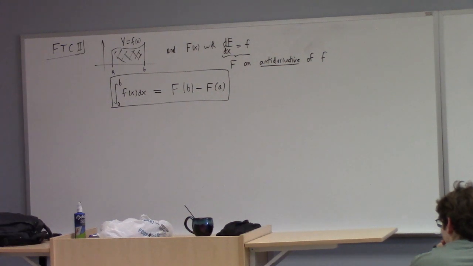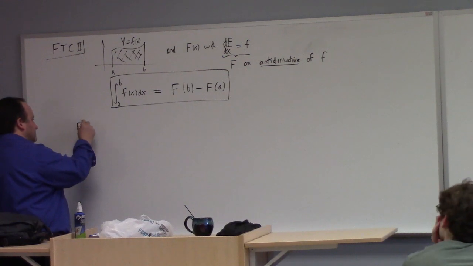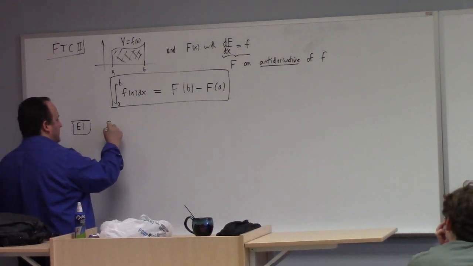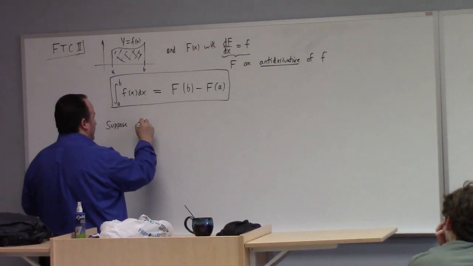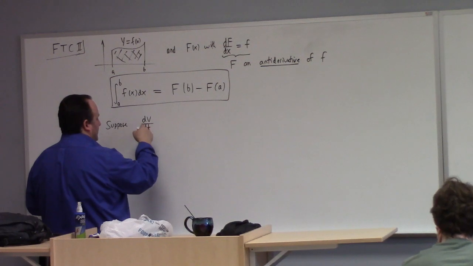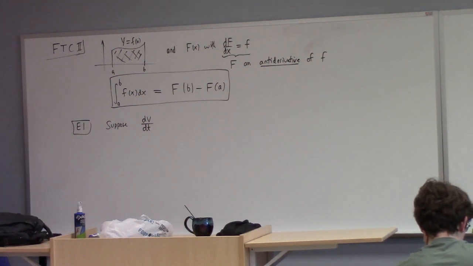But it does other things, like antidifferentiation allows us to solve a variety of interesting word problems. For example, suppose that the acceleration is the change in the velocity per time, right? dv/dt is acceleration.